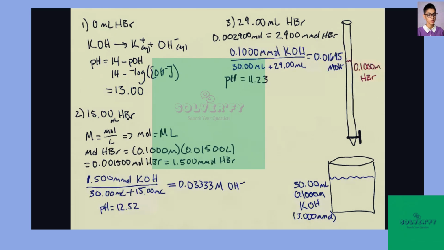If we draw the general shape of a titration curve, our first step here is at the very beginning. Our second step is once we've added a little bit of acid. Our third step is where we're almost to the equivalence point.